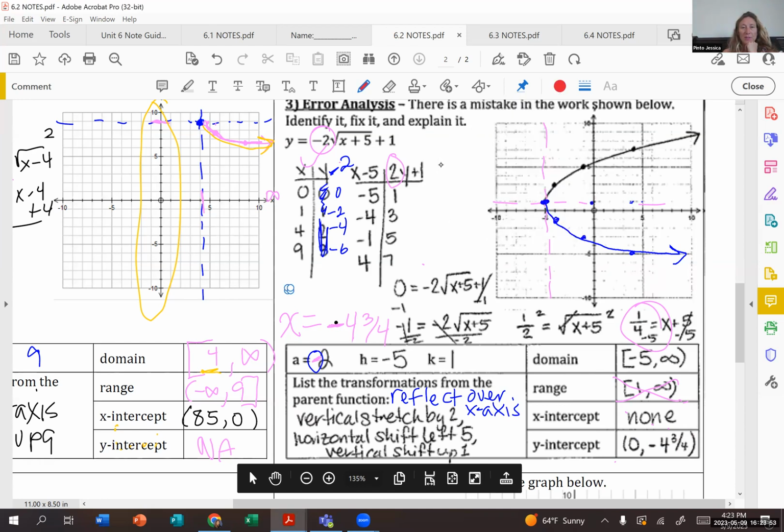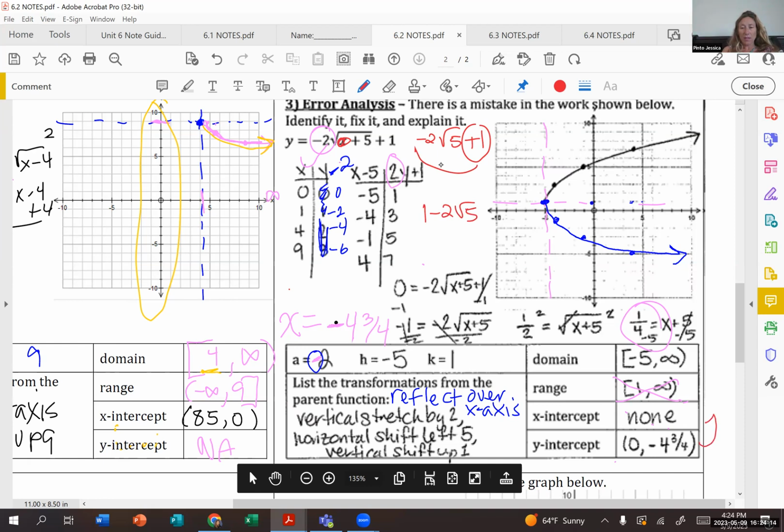The y-intercept is just plugging in 0 here. We're going to get 0 plus 5, so it's going to be -2 radical 5 plus 1. That looks really messy, so we always move the 1 into the front. So it's 1 minus 2 radical 5, and that's the y value.